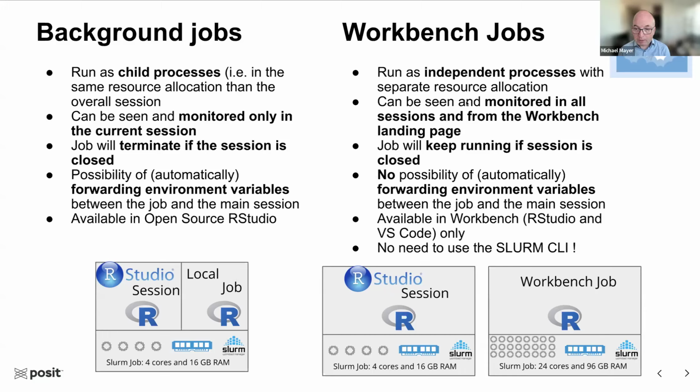Unfortunately, there is no possibility of forwarding environment variables. This is also only available in Posit Workbench, and specific to RStudio and VS Code only. And one of the benefits that you will see in a moment is that Workbench jobs allow you to submit jobs without ever using the Slurm CLI.